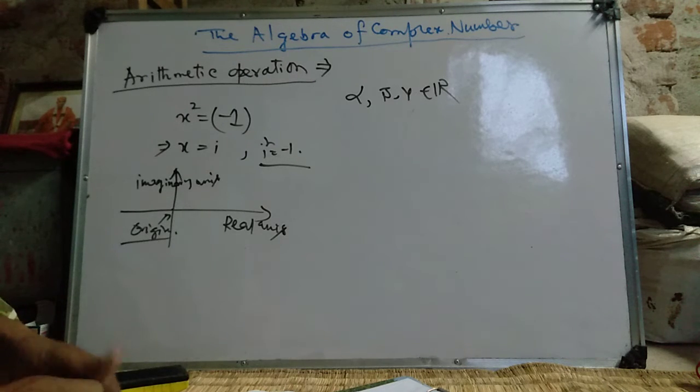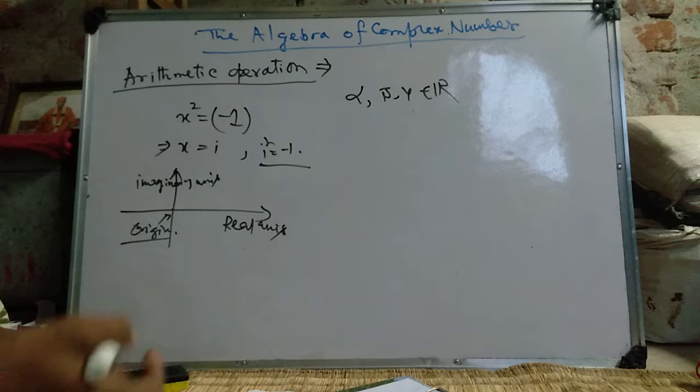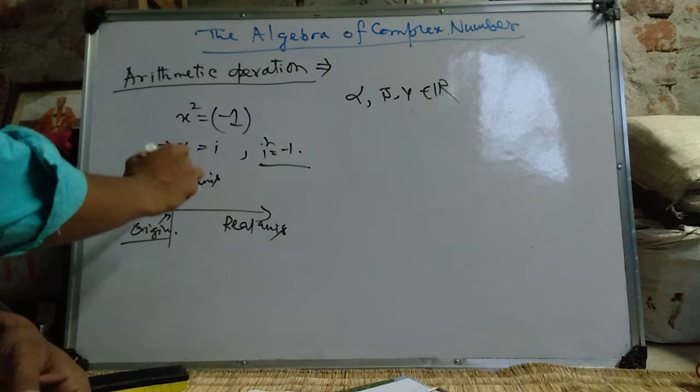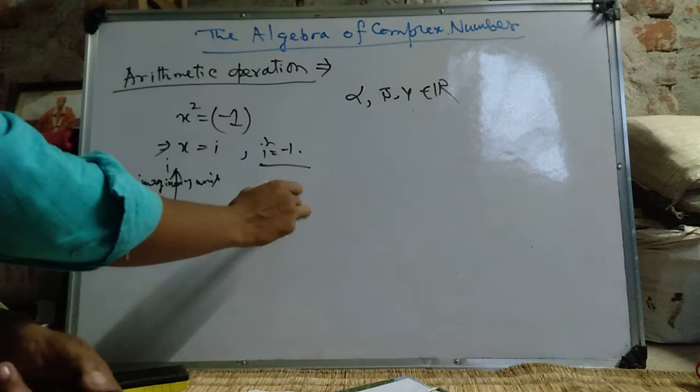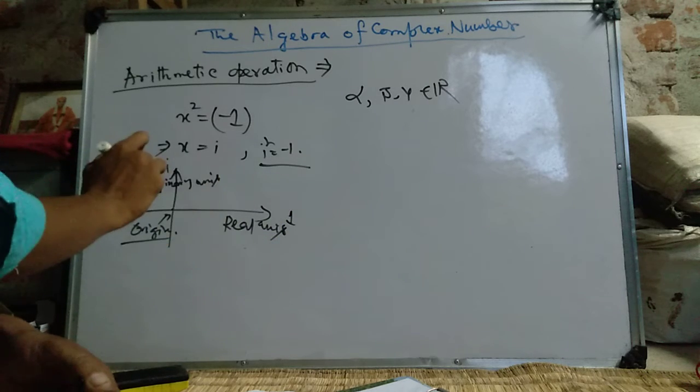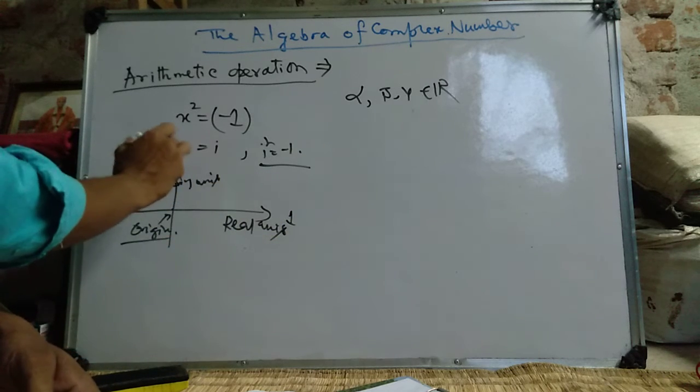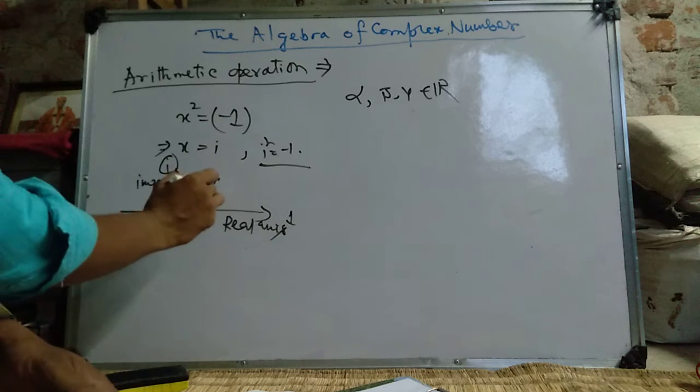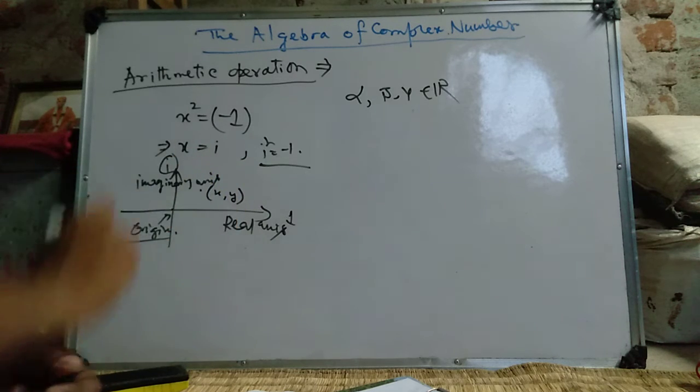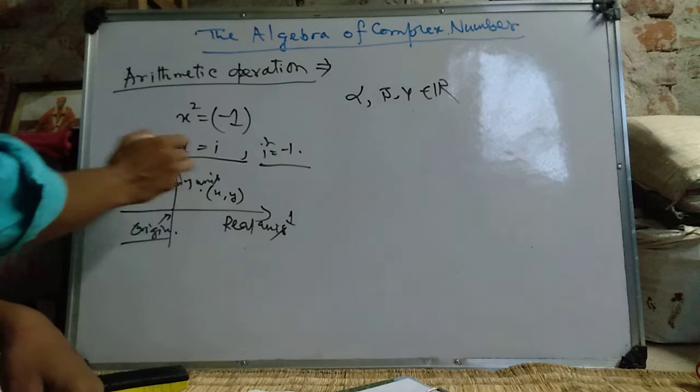Next we're going to further discuss how this is represented. This one is denoted by 1, and this one is denoted by i. Then this is the point (x, y). This represents a complex number system.